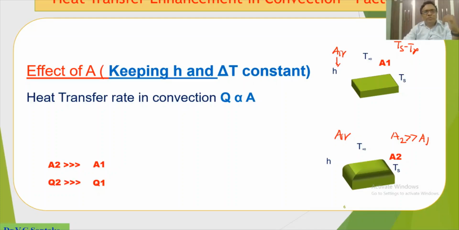So the heat transfer rate in convection will be larger in the second case as compared to the first case. So if we want to increase the heat transfer rate in free convection, we have to increase the surface area of the body from which heat transfer rate is to be increased.